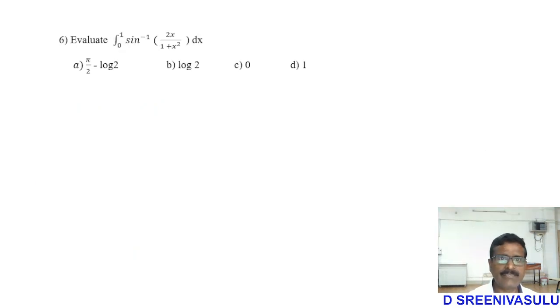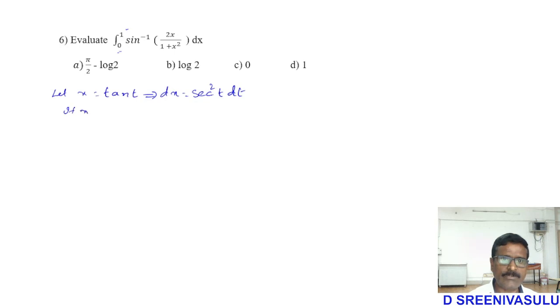Question number 6. Evaluate integral 0 to 1 sin inverse 2x by 1 plus x square dx. Let x is equal to tan t. Then what is dx? Secant square t dt. Limits also you change, please.